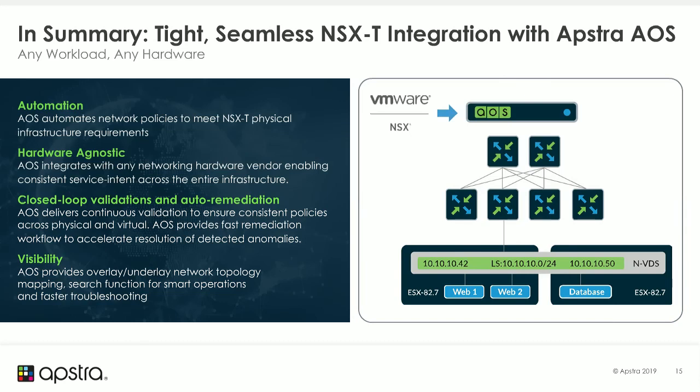Also, the continuous closed loop validation, smooth, non-disruptive operations, and lastly, the visibility that provides network topology mapping between the overlay and underlay that helps in accelerating troubleshooting in situations where, for example, you may have some performance issues.